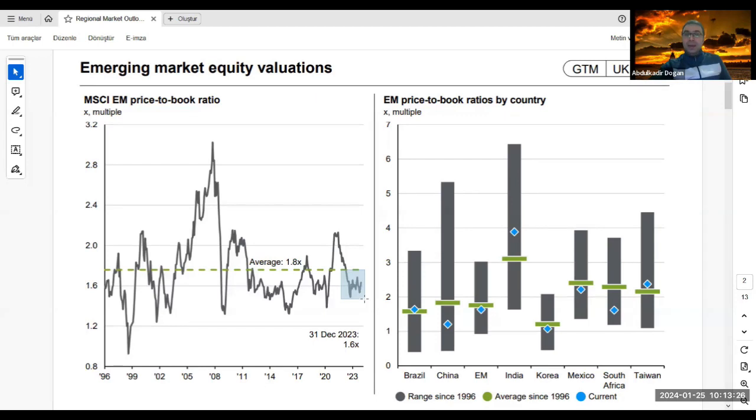For that reason, today, if I say to all the participants, if you want to put money in any exchange traded fund, any type of index, any type of equity, any type of stock, and you want to decide for yourself whether this is cheap or expensive, and whether it is the right time to buy this asset or not, you should look at some indicators.